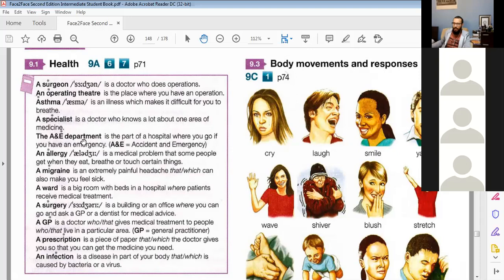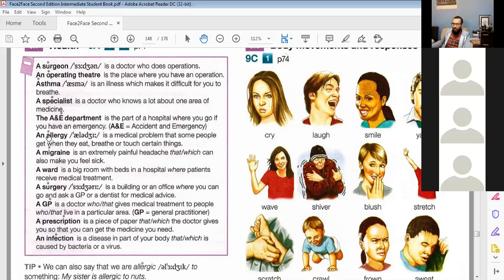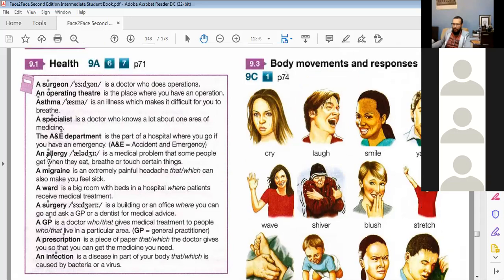The A&E department is a part of the hospital where you go if you have an emergency. Emergency means something urgent, first aid. Accidents and all urgent things go to A&E. Allergy, as we agreed, is sensitivity. There are different types of allergy, but allergy is a general word for all of them. So it's a medical problem that some people get when they eat, breathe, or touch certain things.